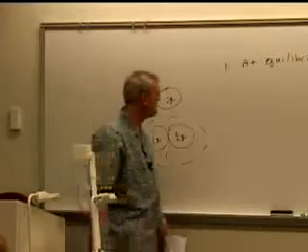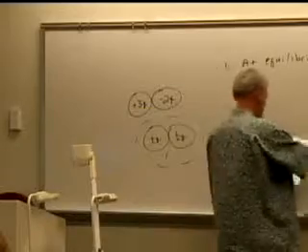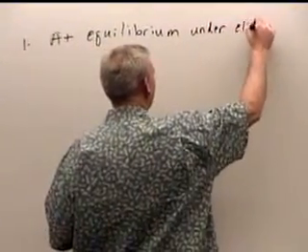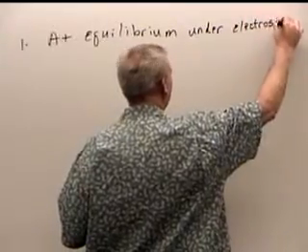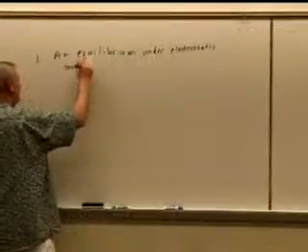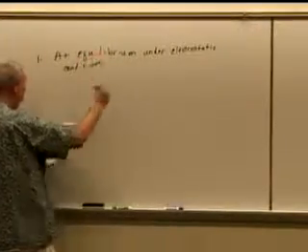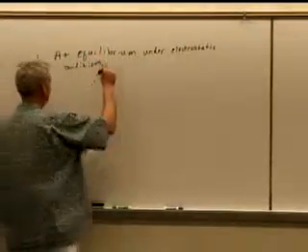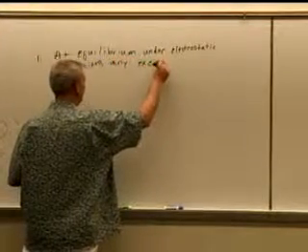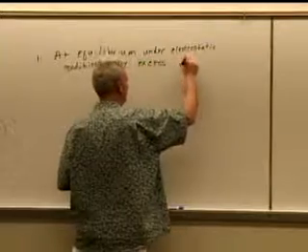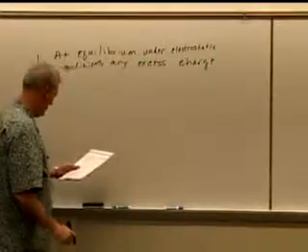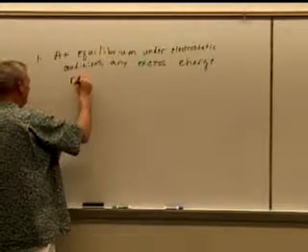So at equilibrium, under electrostatic conditions, any excess charge resides on the surface of the conductor.